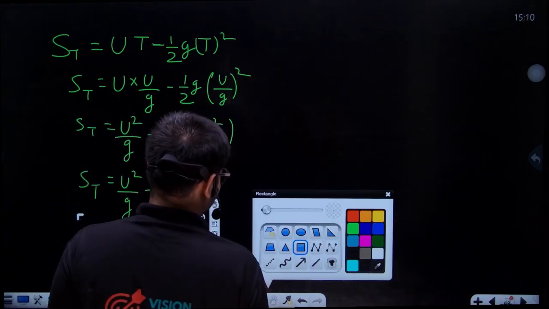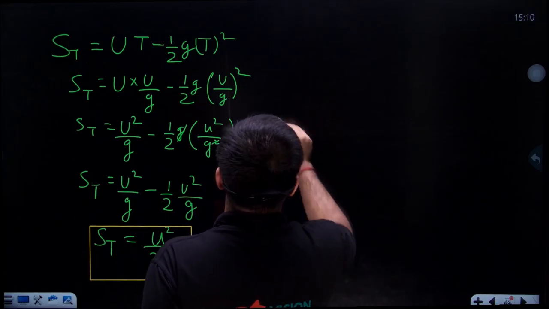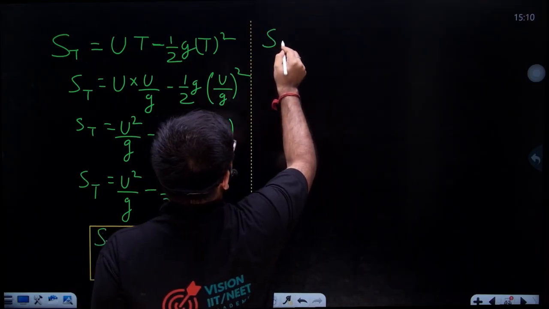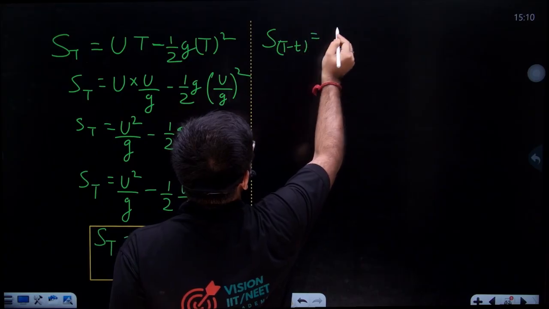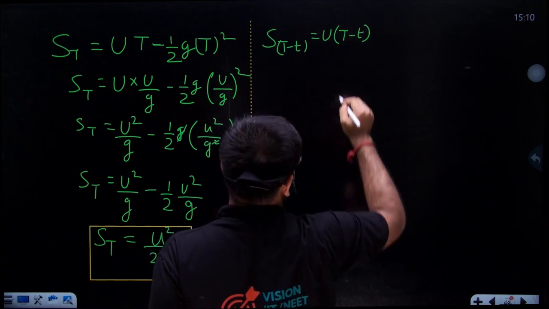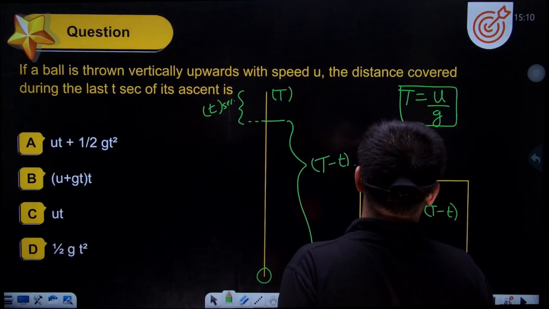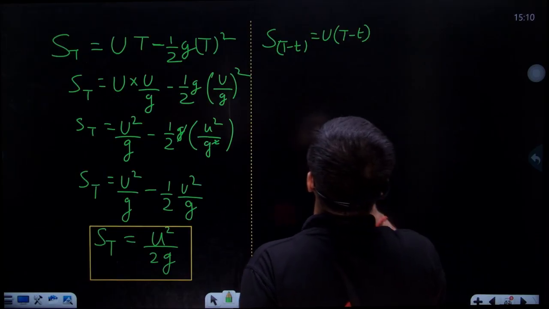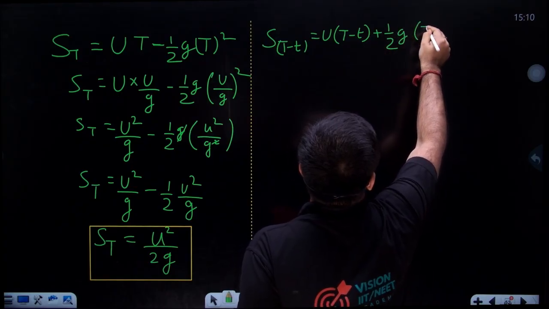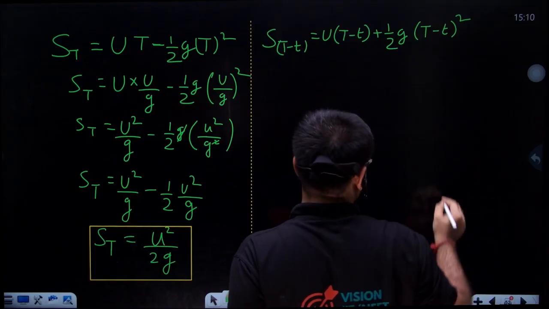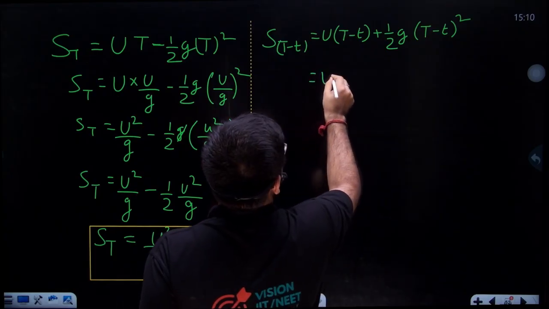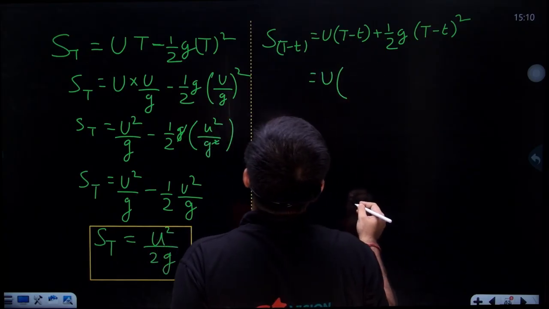Now let us see what is my S(T minus t). This I can say is u(T minus t) plus half g (T minus t) whole square. What was the value of T?